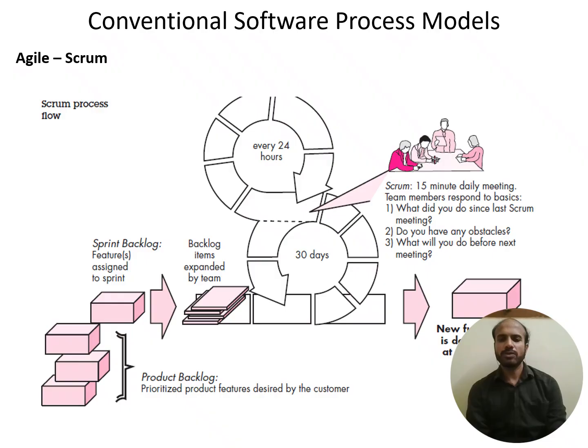First one being, what did you do since last Scrum meeting? The Scrum Master, developer, and the product owner attend, and the Scrum Master will be convening the meeting. There they will discuss amongst all the members what they really did since the last Scrum meeting.